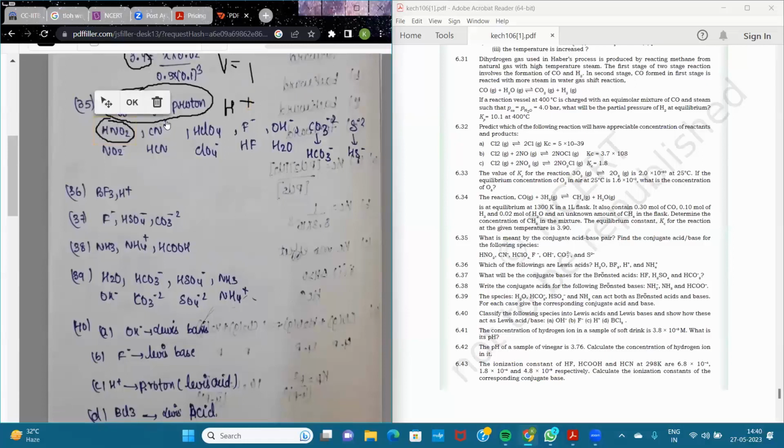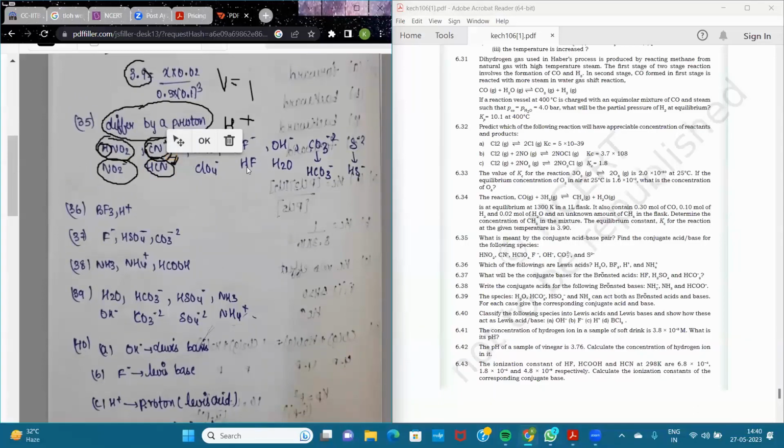So we'll have a conjugate base for this acid. We remove this H plus, so we form the conjugate base NO2 minus. The other molecule they gave is CN minus. Here we can add H plus. This is a base, so we'll get the conjugate acid HCN.